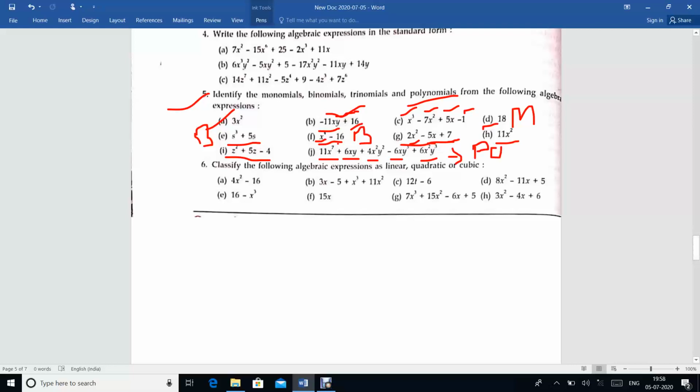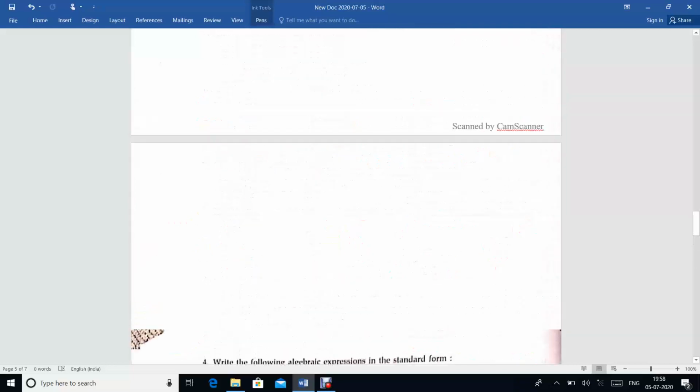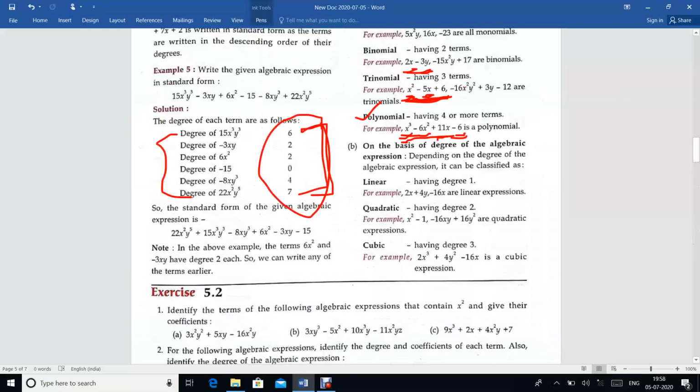The next topic is on the basis of degree of the algebraic expression. For this there are three parts: linear, quadratic and cubic. Linear, as you studied about degree. So if an algebraic expression contains one degree, then it is linear.